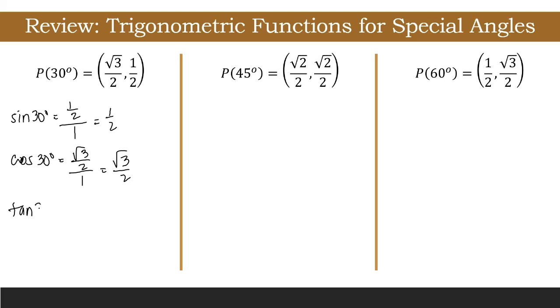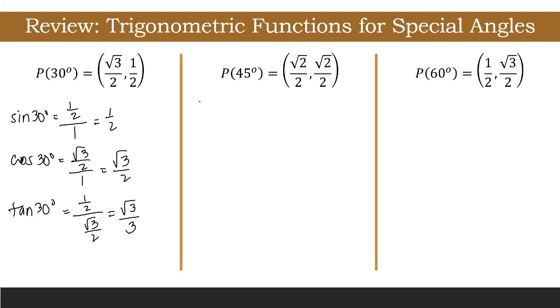Next, for tangent 30 degrees, we have y over x. Meron tayong 1/2 over x natin ay square root of 3 over 2. So, doing the division and the simplification, this will be square root of 3 over 3.